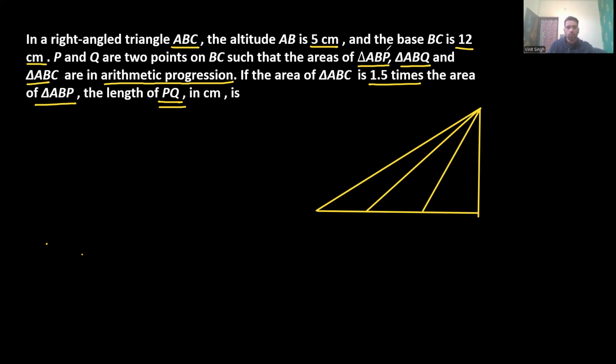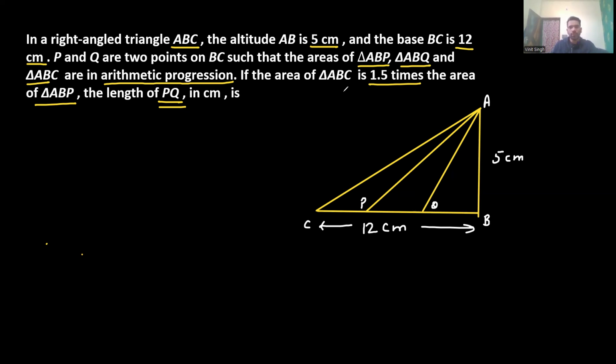Altitude AB is given 5 centimeter and BC is given 12 centimeter. P and Q are the points on BC. This point is P and this point is Q. And ABP, ABQ and ABC are in AP.